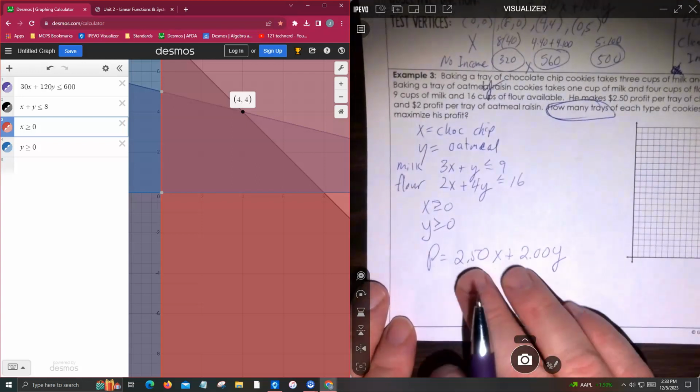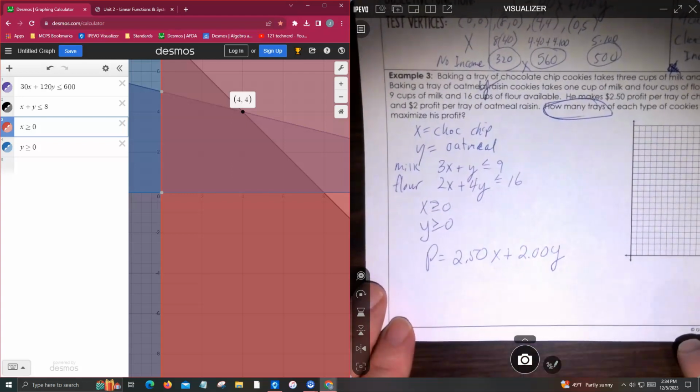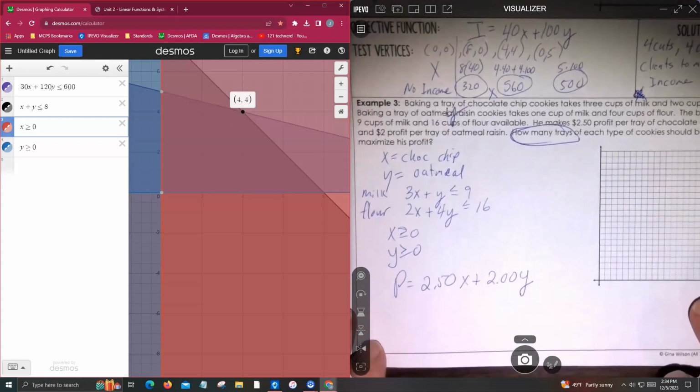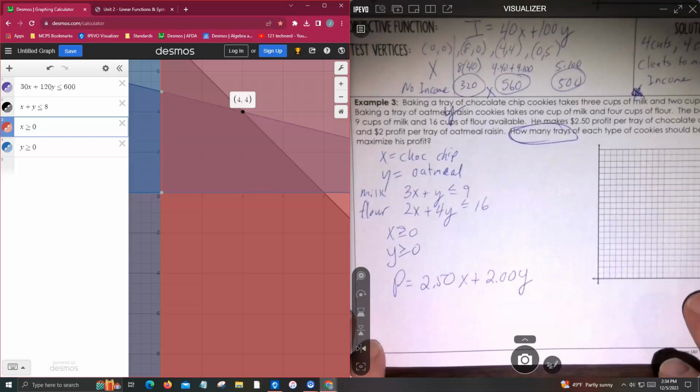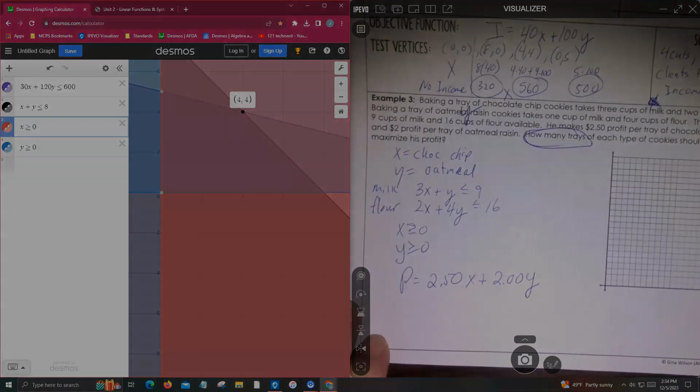All right, and then I would just, again, find my vertices, and whichever one generates the highest profit for this baker, that's the one we're going to choose. That's all I'm going to talk about. And we're at 23 minutes, so good luck on the assignment and the activity.